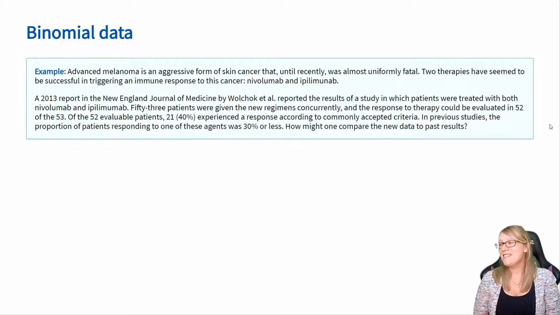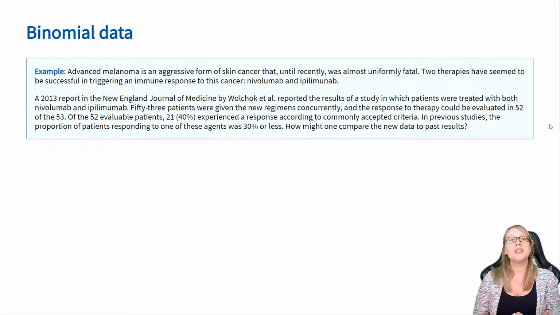A 2013 report in the New England Journal of Medicine by Wolchok et al. reported the results in a study in which patients were treated with both drugs. 53 patients were given these new drugs concurrently, and response to therapy could be evaluated in 52 of the 53.